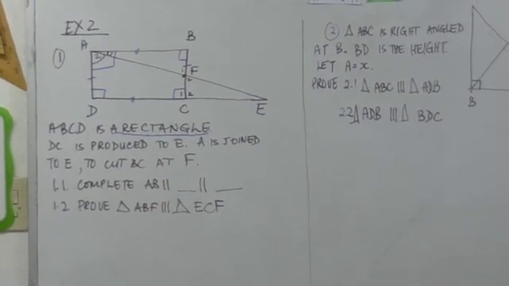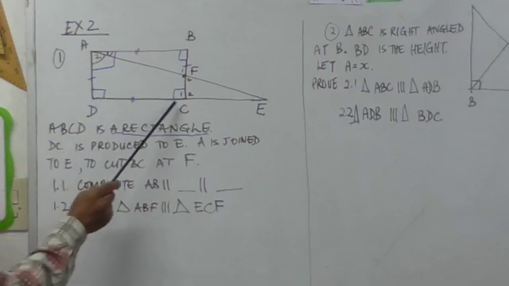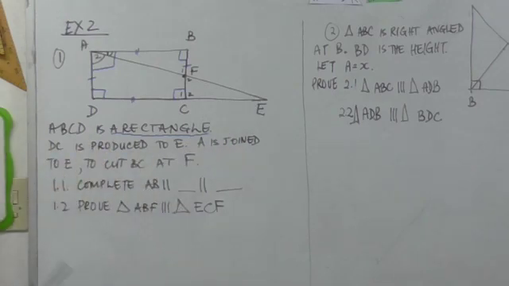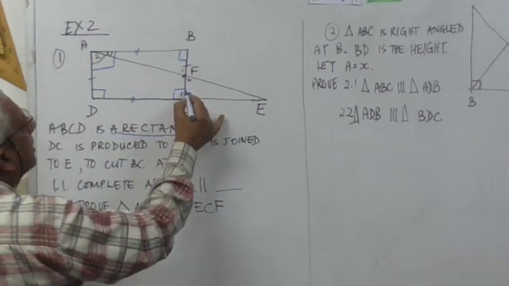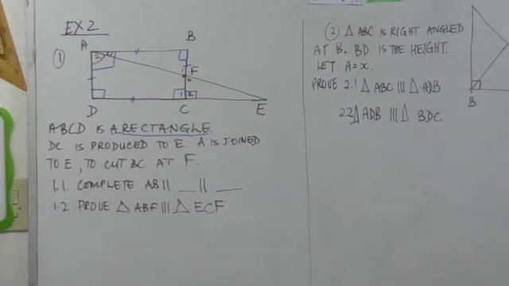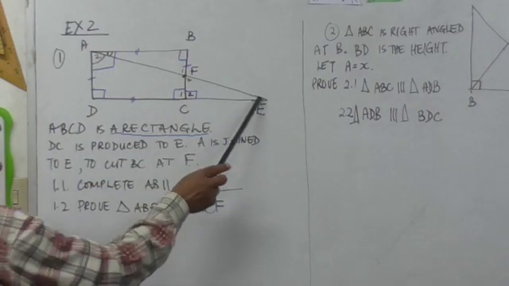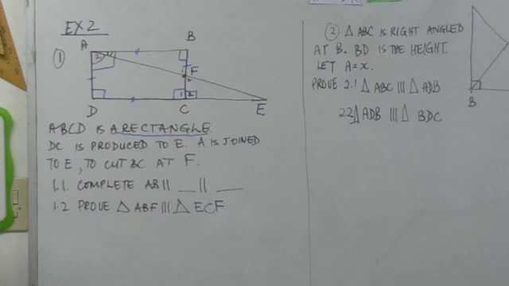DC is produced to E. That means DCE is a straight line, and therefore this angle is also 90. And A is joined to E. Now if A is joined to E, then this is a straight line.